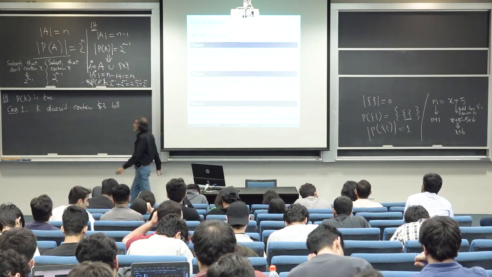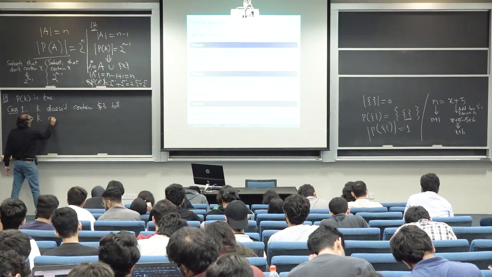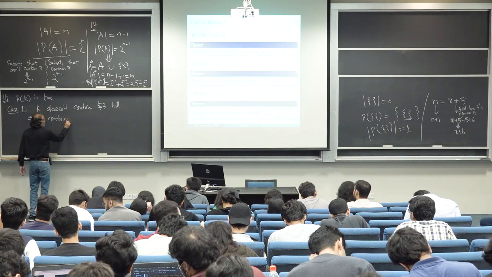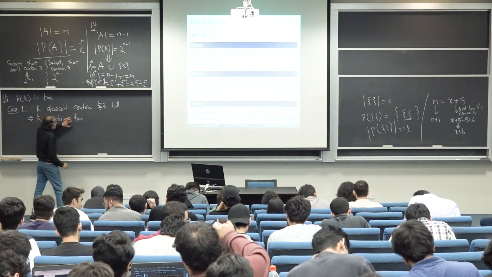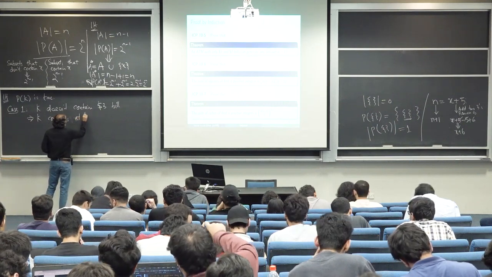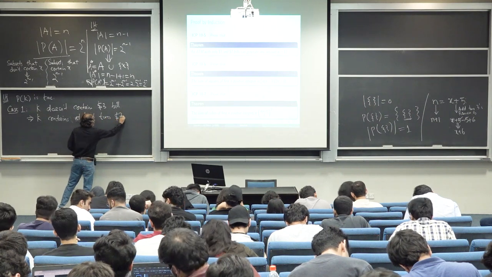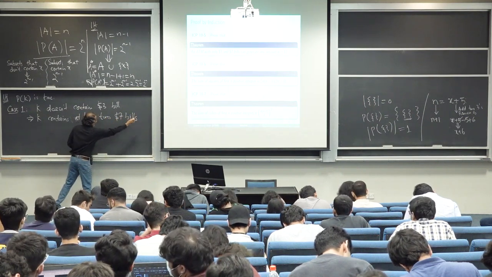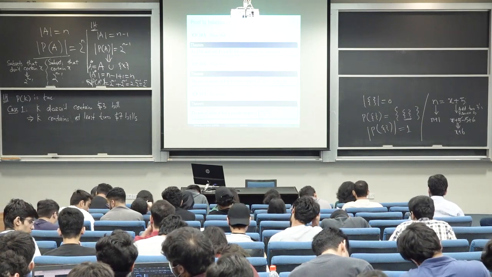So if it does not contain $3 bills, this implies K contains at least 2, maybe more than that. So it contains at least 2 bills of $7 each.